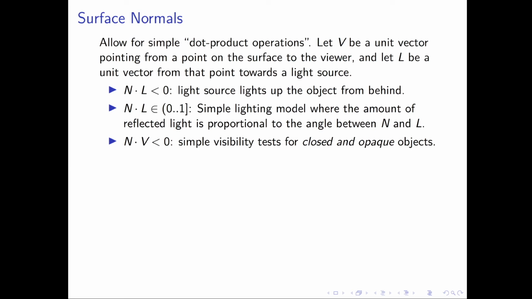When we're in a setting with opaque objects, as we agreed that we are, then we don't have to perform the lighting calculations in that case. And for simple lighting models, we discussed BRDFs earlier, and there are actually quite complicated BRDFs that assume complicated roughness and other complicated phenomena where the lighting is view dependent, but the most simple lighting models actually just assume that the light that is reflected off of the surface from point X is proportional to the angle between the normal vector and the light source.